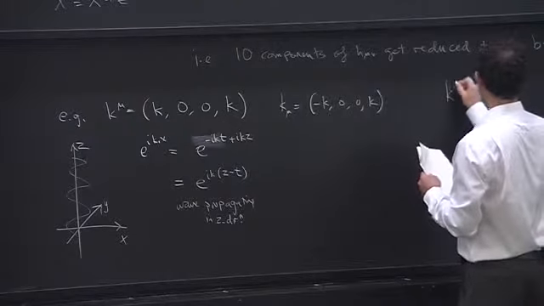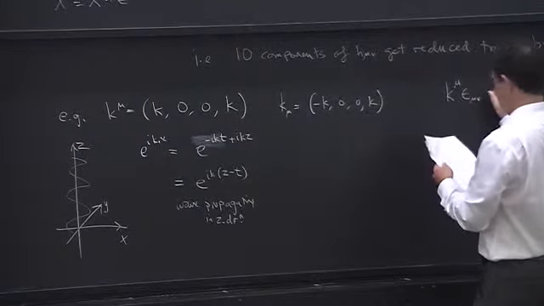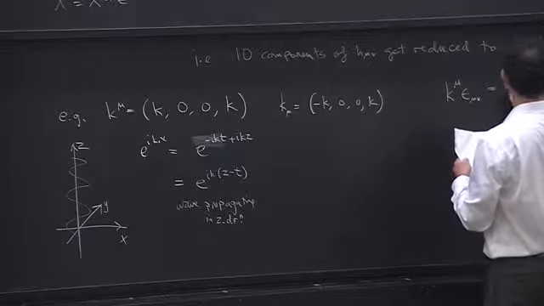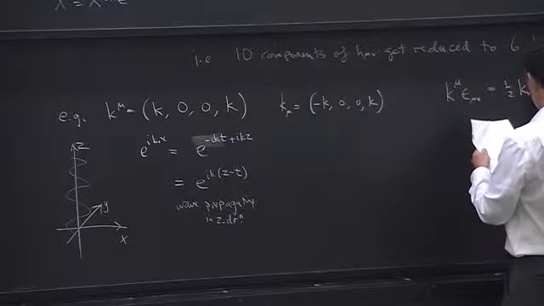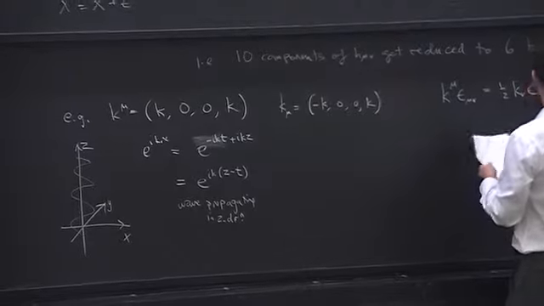Let's write out this equation explicitly: k^mu epsilon_mu nu is 1/2 k_nu epsilon^mu_mu.